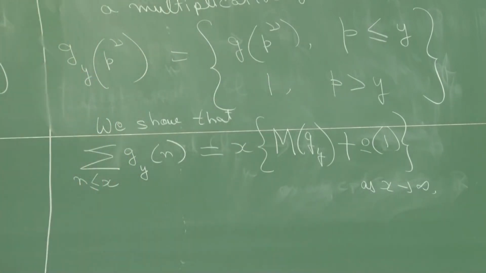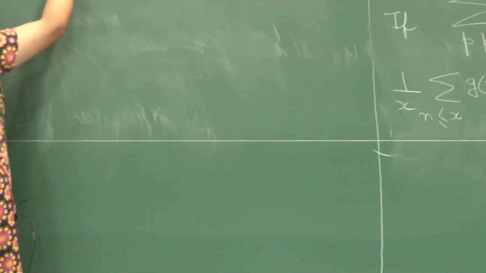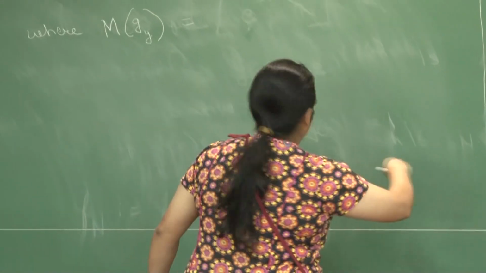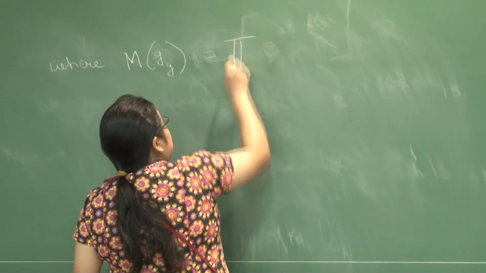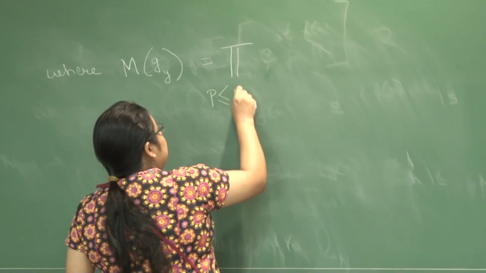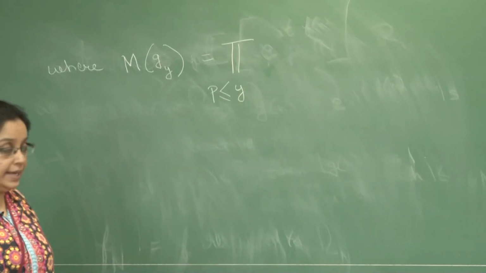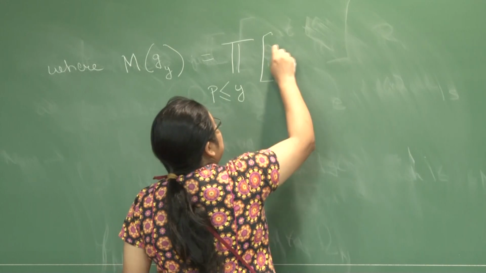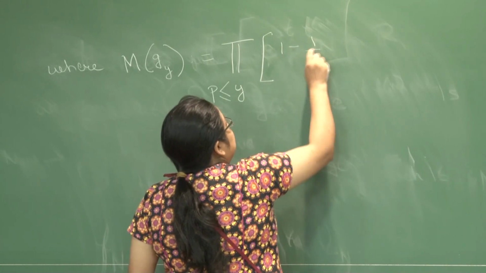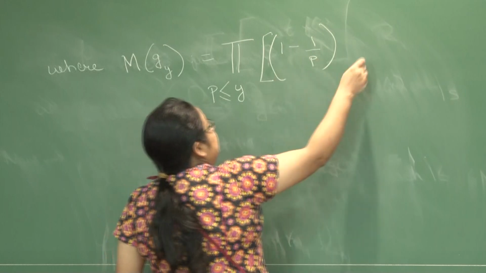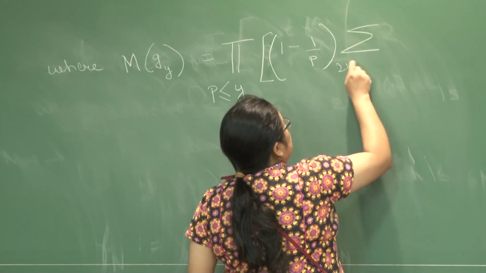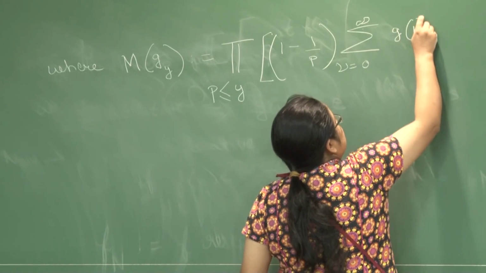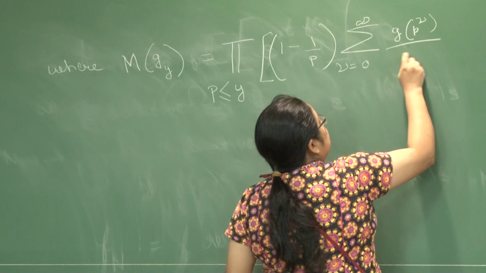Here m of g sub y is defined by the same product, but with the primes running up to y instead of x: the product of 1 minus 1 over p, times the summation over nu going from 0 to infinity of g of p raised to the nu over p raised to the nu.